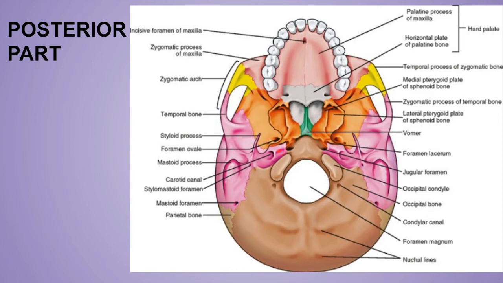Why is it hollowed? Because it lodges mainly the superior bulb of the internal jugular vein. And this fossa is larger on the right side than on the left side.